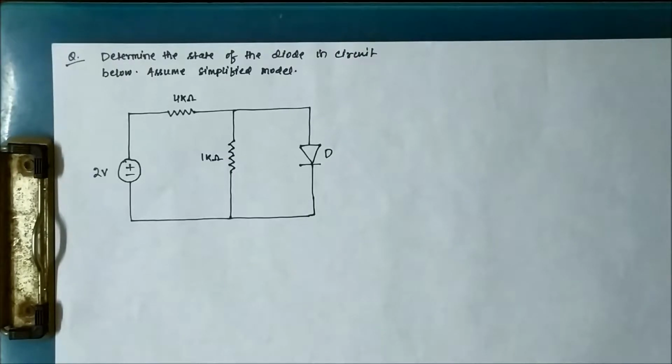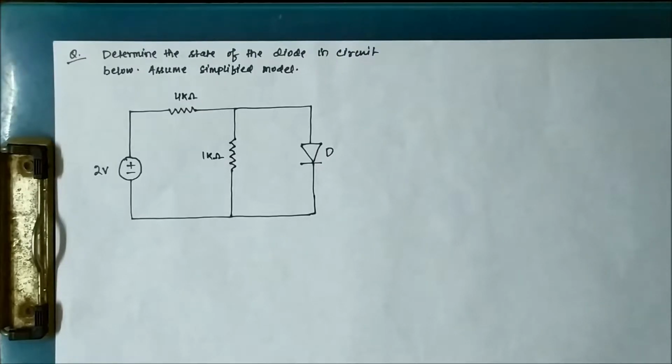We have already finished some of the basic concepts related to PN junction diodes. We discussed the various concepts such as forward biasing, reverse biasing, voltage current characteristics, and the equivalent circuit models of a PN junction diode in my previous videos.